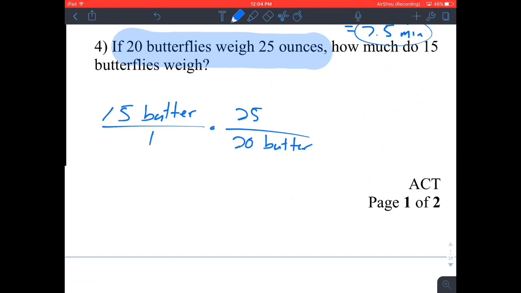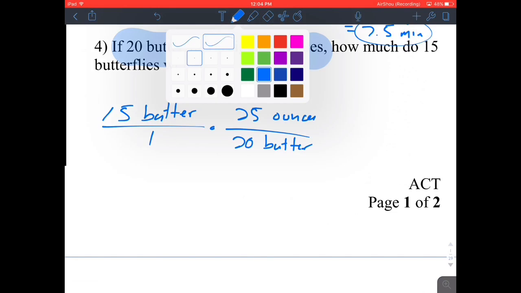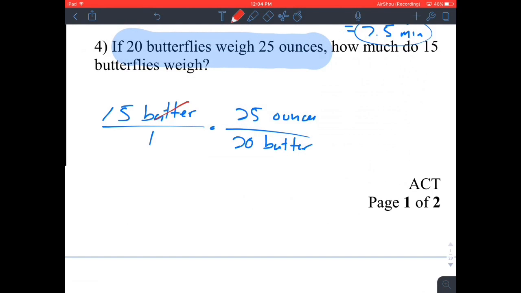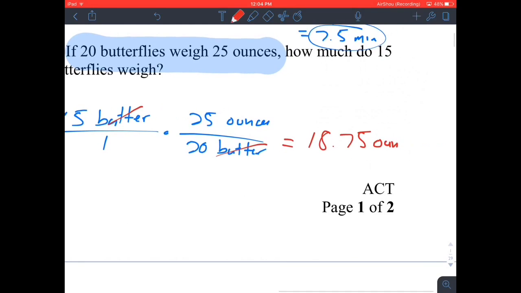We've got 25 ounces on top. Butterflies cancel. If you put this in your calculator, multiply the top numbers and divide by the bottom, you get 18.75 ounces. There you go.